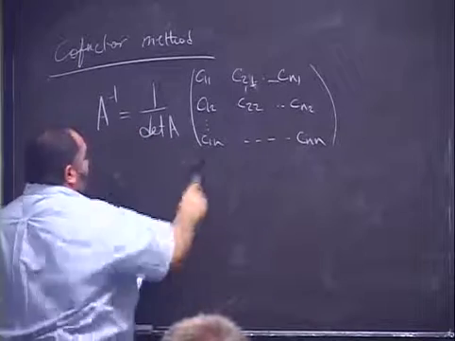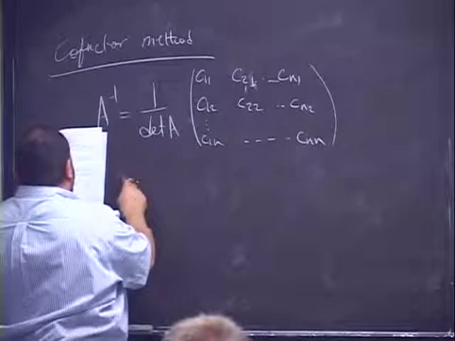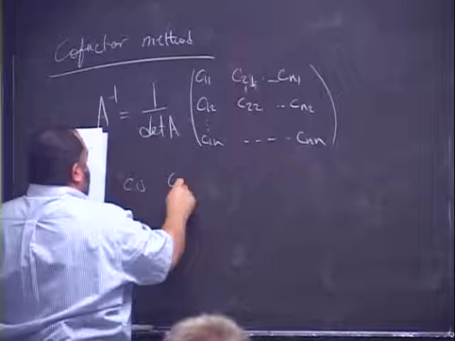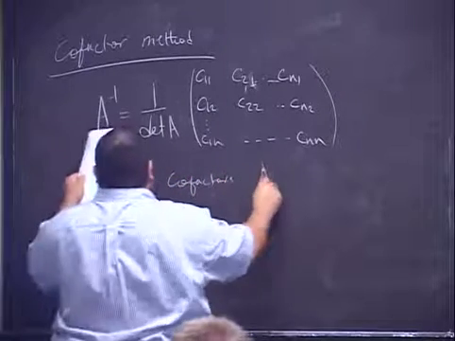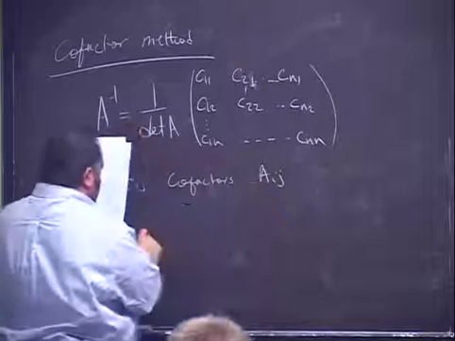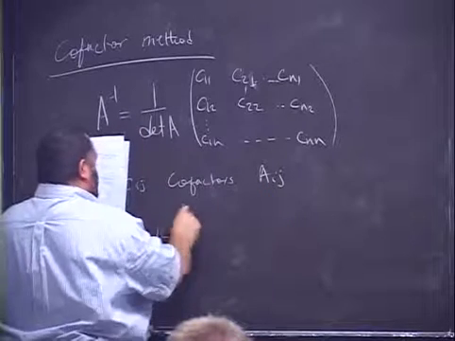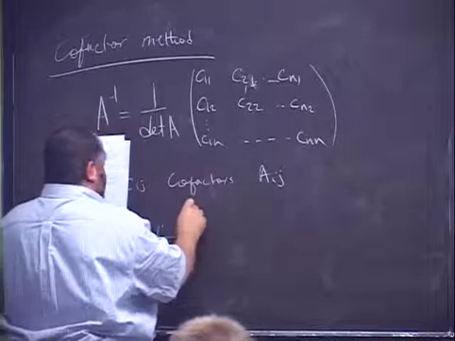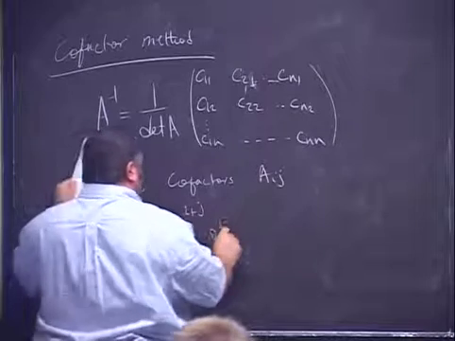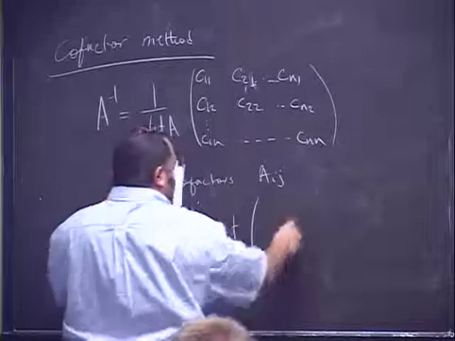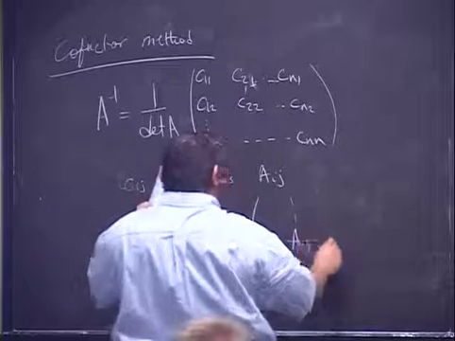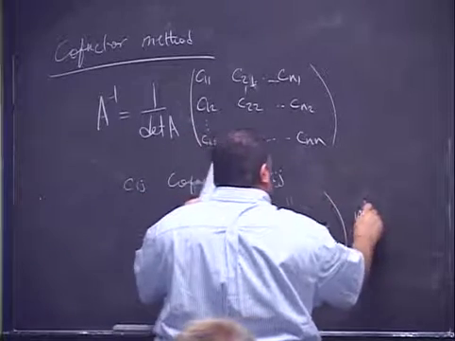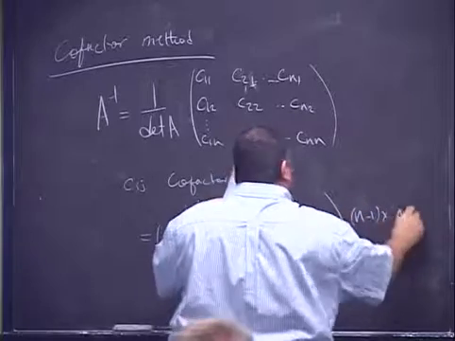So what are those? The Cij's are the cofactors of the Aij's, and the cofactors are given by (-1) to the power of i+j multiplied by the determinant of Aij, which is an (n-1) by (n-1) matrix.